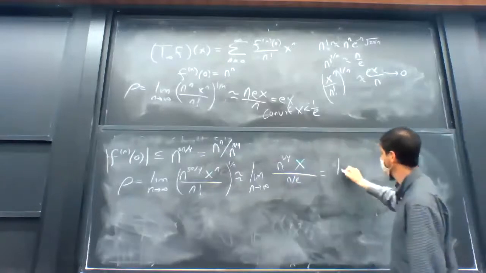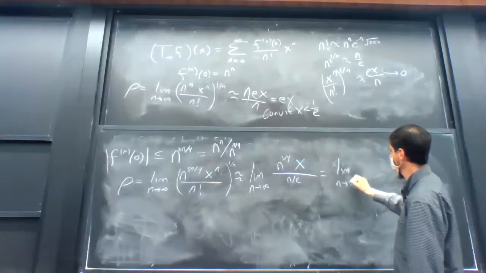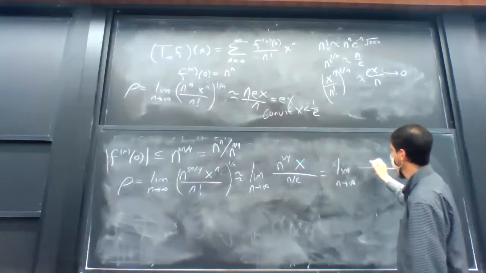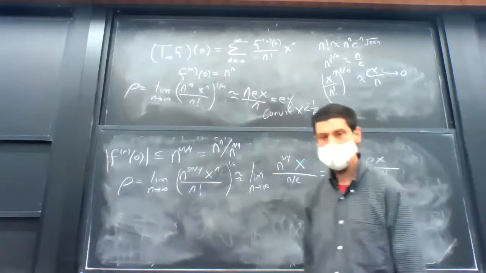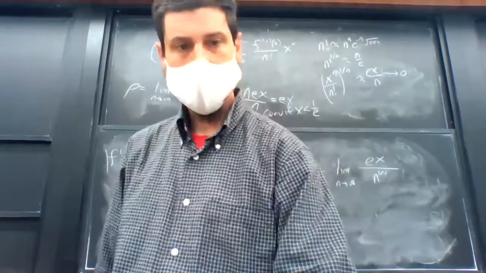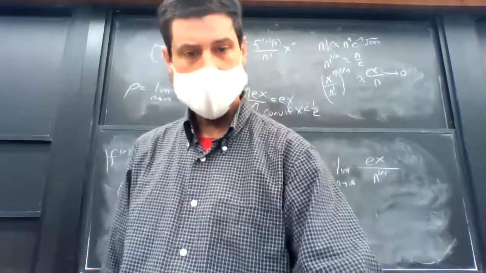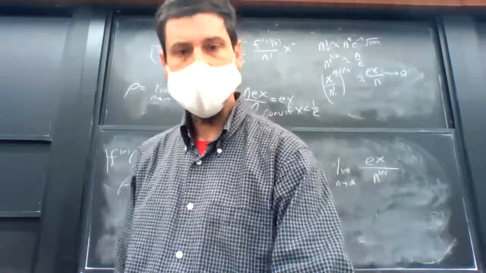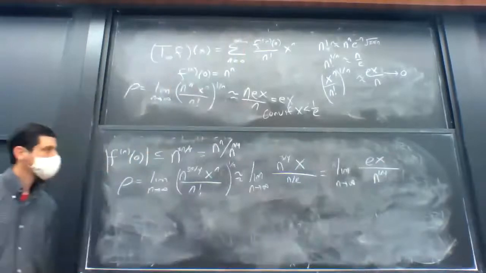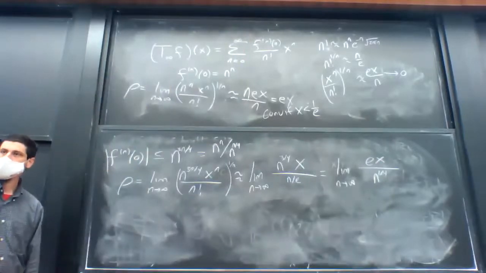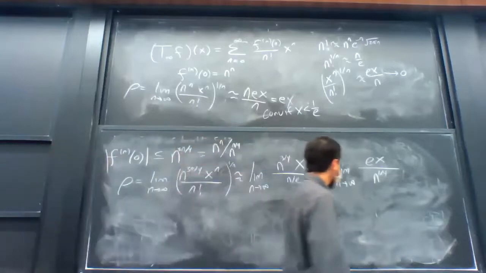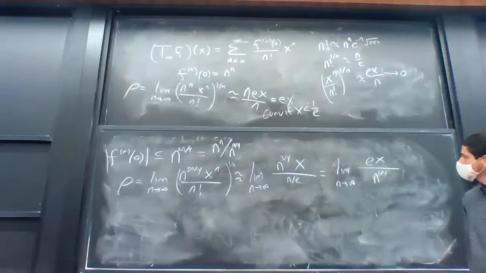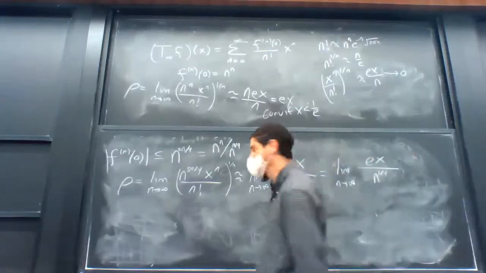So this is equal to the limit as n goes to infinity of e x divided by n to the 1/4. And so what is that going to be? So as n goes to infinity, what does e x over n to the 1/4 go to? 0.